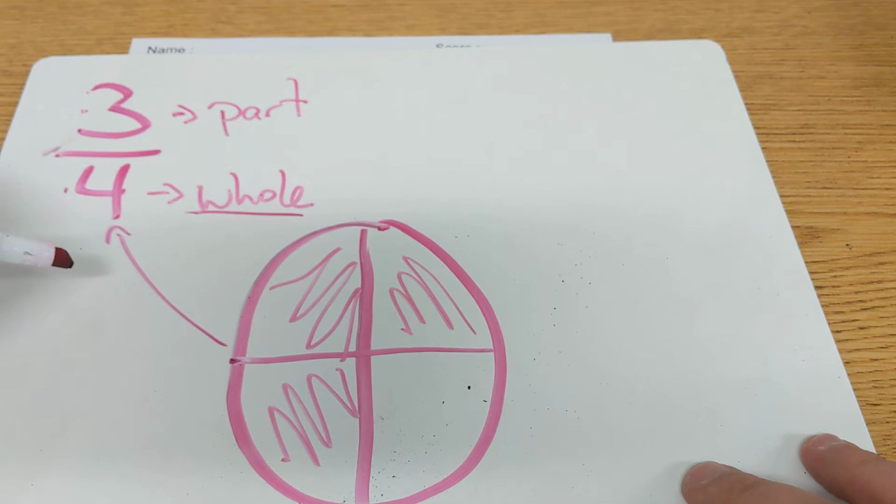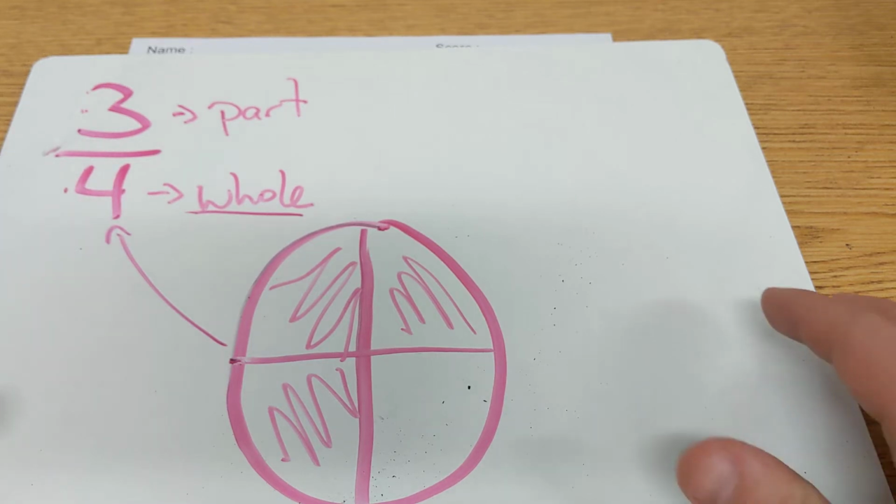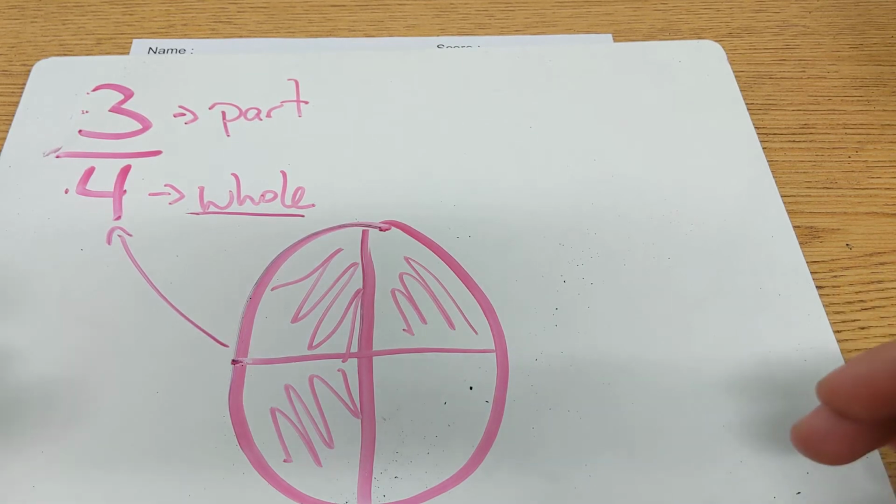This is important to understand because what I'm about to show you is how to figure out these percents of a number. When I talk about them, it's going to make more sense.